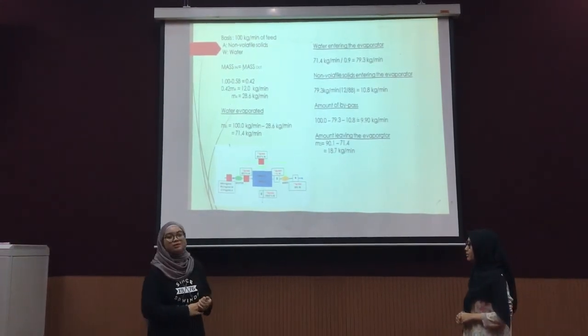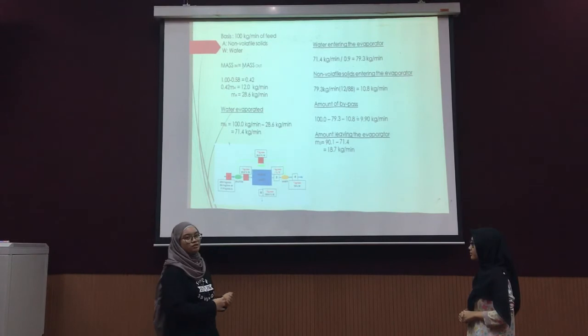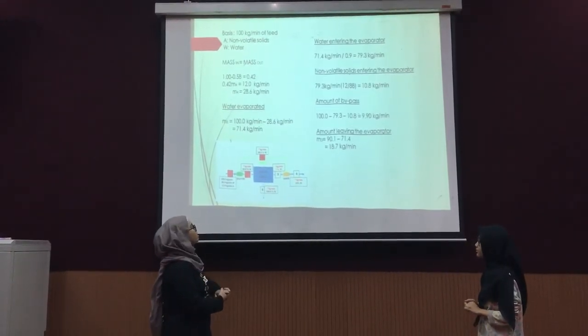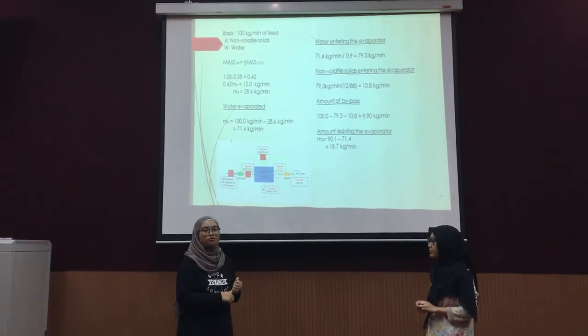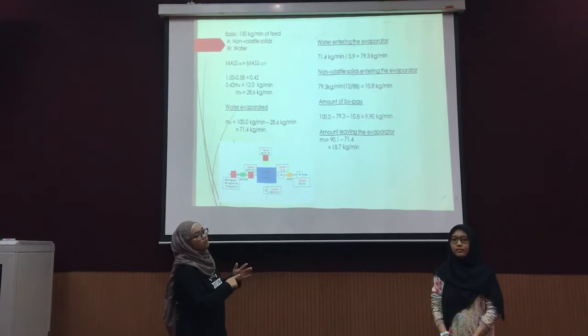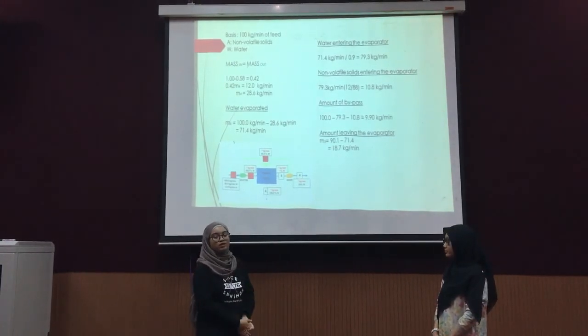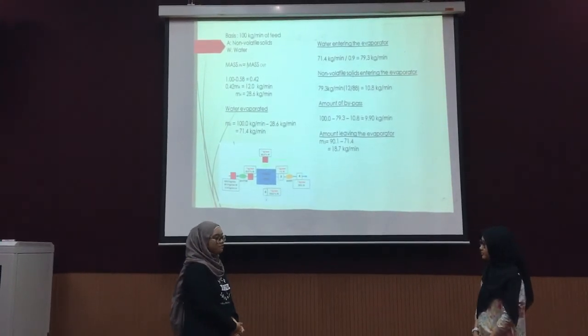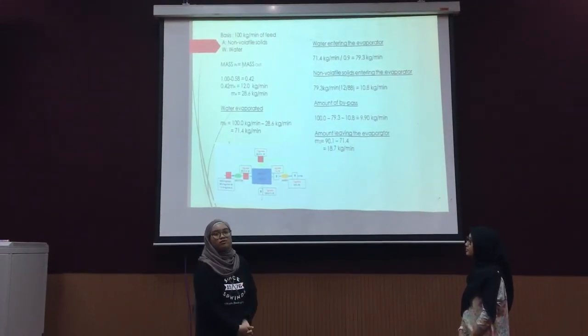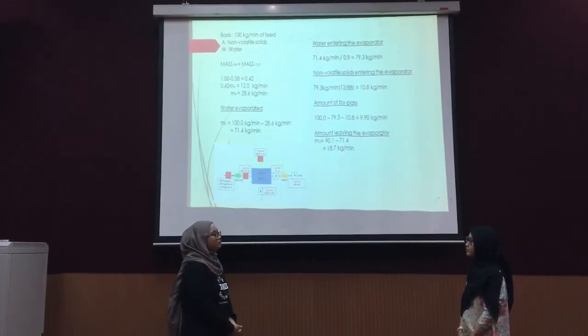And now we have to find the amount of bypass by using those two amounts. We use 100 kg per minute, which is the amount at the feed, minus the amount of water entering the evaporator and the amount of non-volatile solid entering the evaporator, and we get 9.9 kg per minute. That is the amount of bypass.